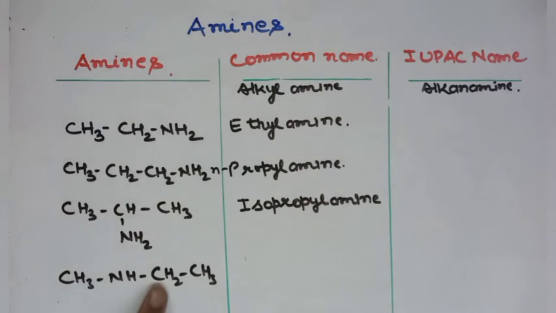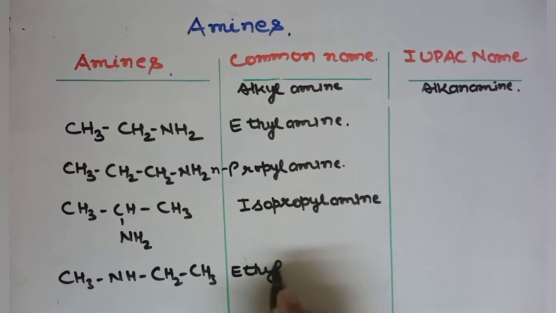So this one is ethyl, this one is methyl. As E comes before M, we will write ethyl, then the second alkyl group methyl, and at last we will write amine. So this one will become ethylmethylamine.